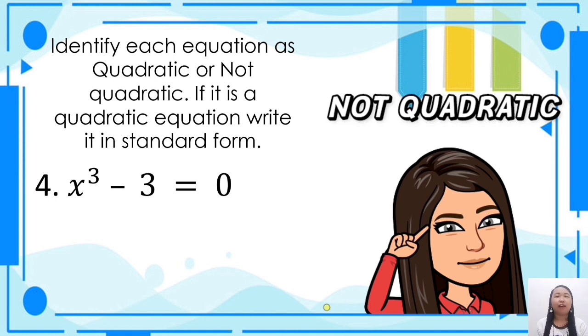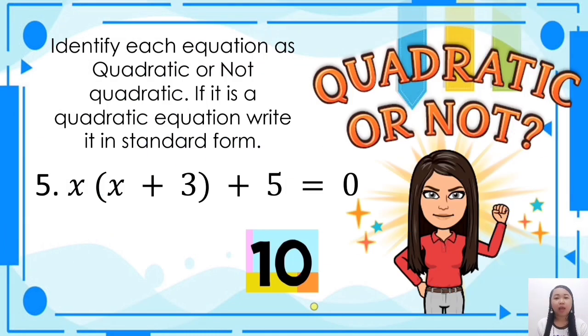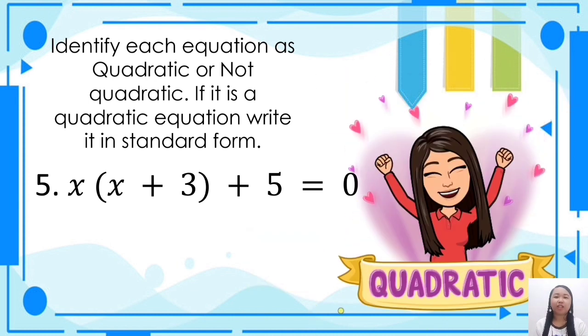Correct. And for the last item, number 5, x multiplied by the quantity of x plus 3 plus 5 equals 0. The answer is quadratic.